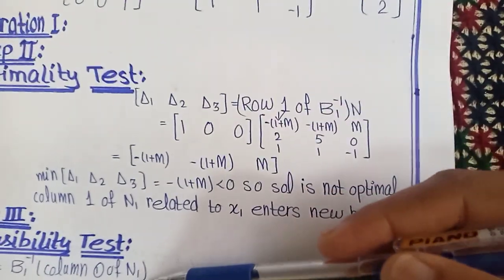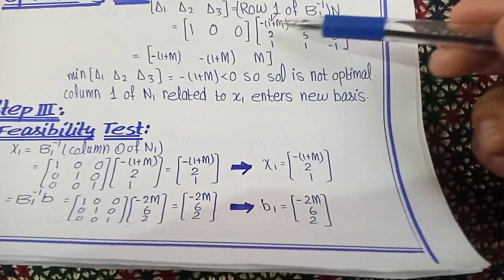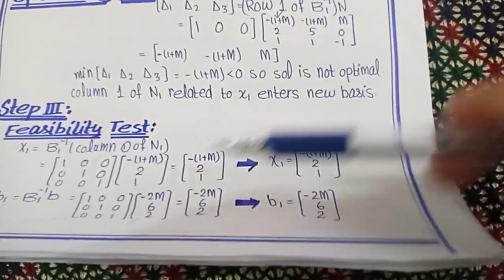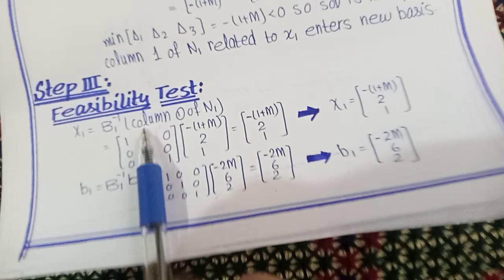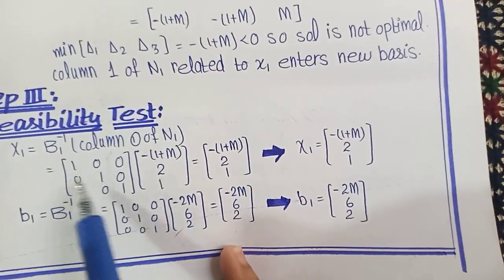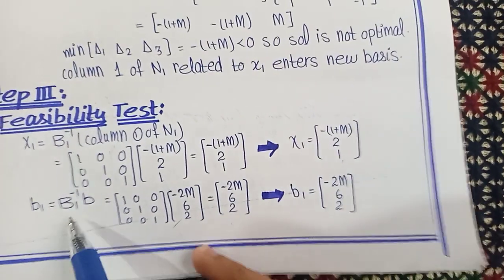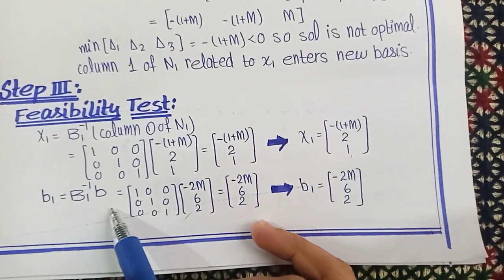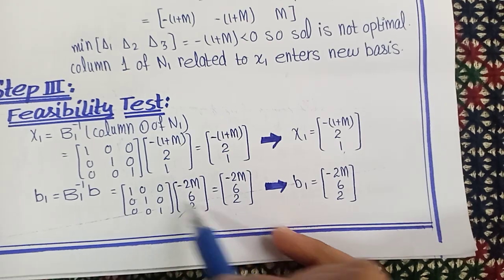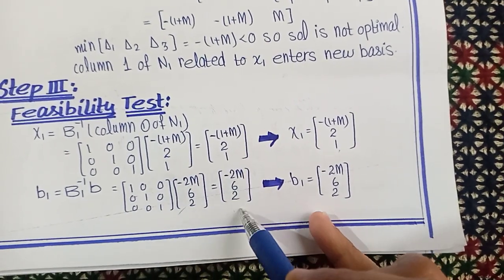B1 inverse is this and column 1 of N1, that is, the new entering variable column, is minus 1 plus m, 2, 1. In this multiplication, 1 is multiplied by 0 0, next 2 and 1. b1 is equal to B1 inverse and b, multiplication: minus 2m, 6 and 2.